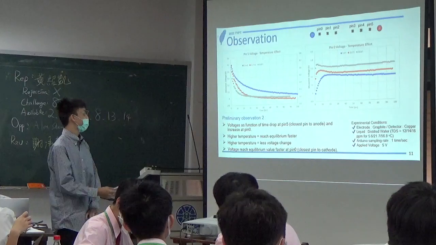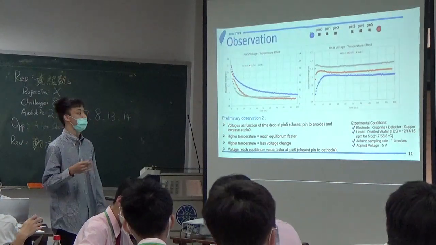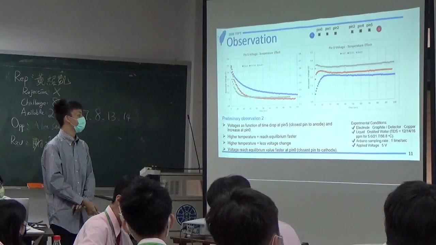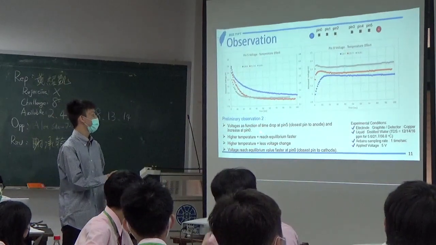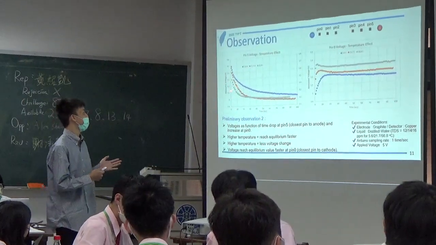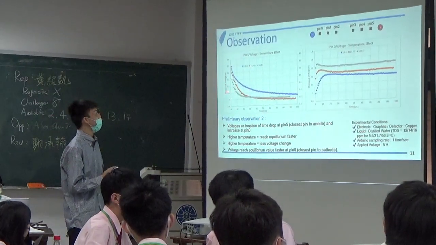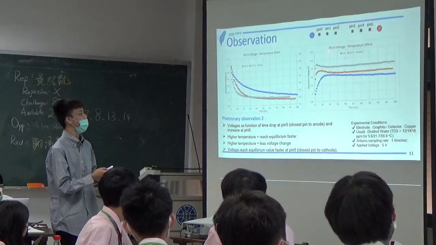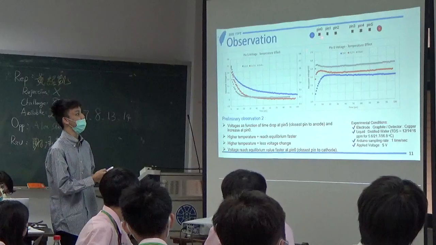Our second observation, using experimental setup 2, is this. The voltages are measured as a function of time in seconds, and the y-axis is the measured voltage. Here is pin 5, which is closer to the cathode, and pin 0, which is closer to the anode.